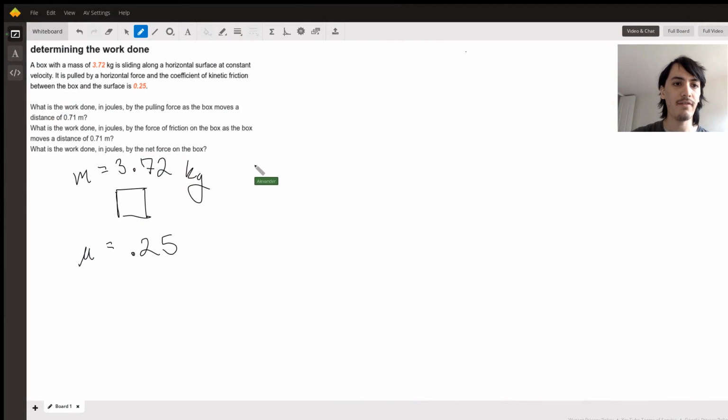In this problem, we have a box with a certain mass sliding along the floor being pulled by a horizontal force with some friction. And we want to know what is the work done by various different forces in this problem. So the general formula for work is force times distance.